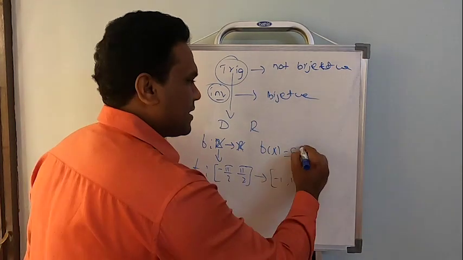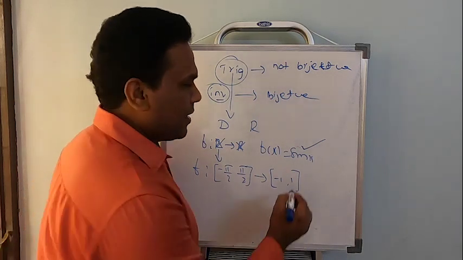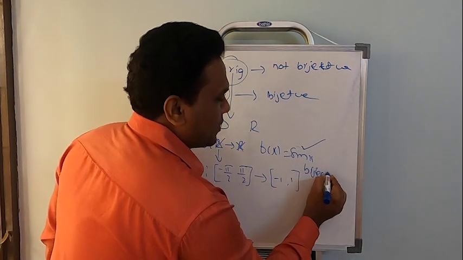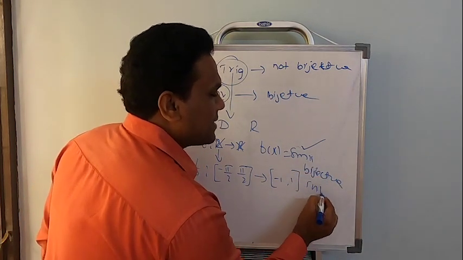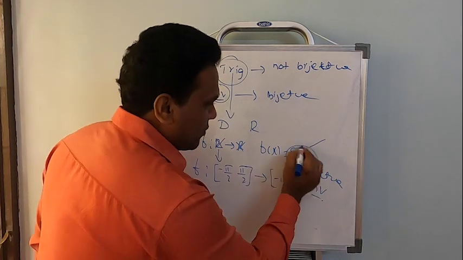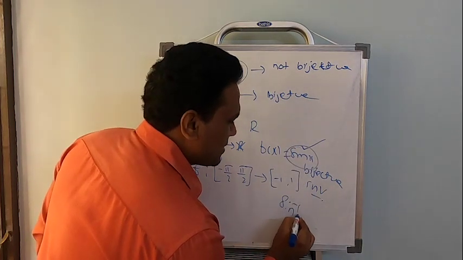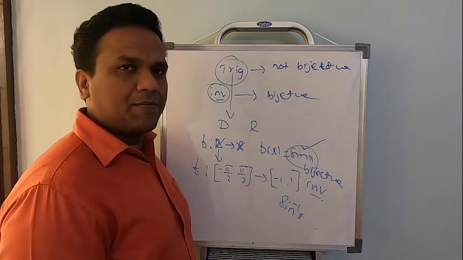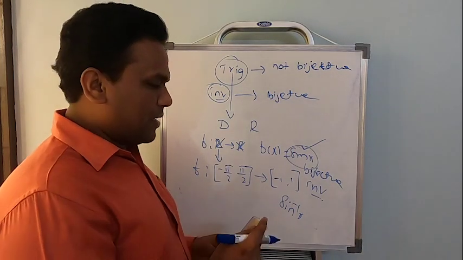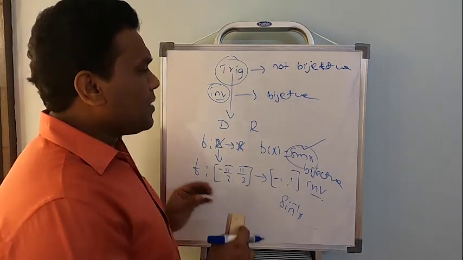In such a case, we say that this function is bijective. Once it's bijective, its inverse will exist, and the inverse of sine is denoted by sine inverse x. So this is how the beginning of the chapter was done yesterday.